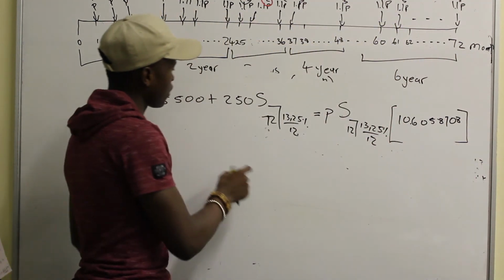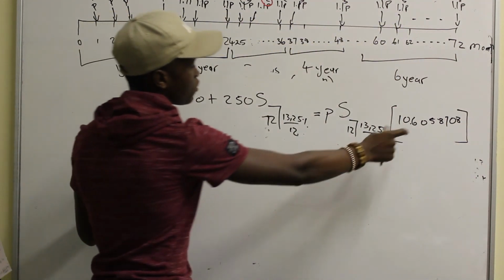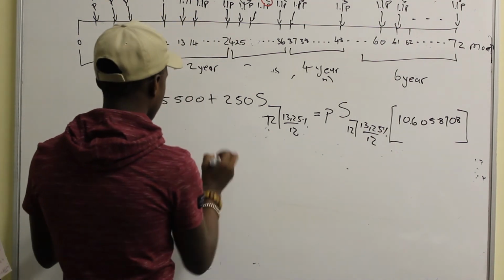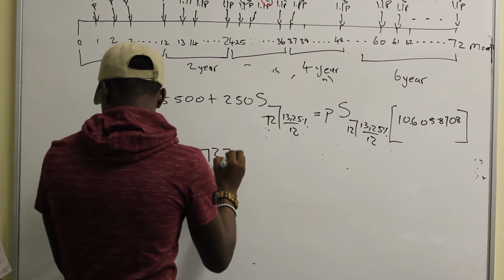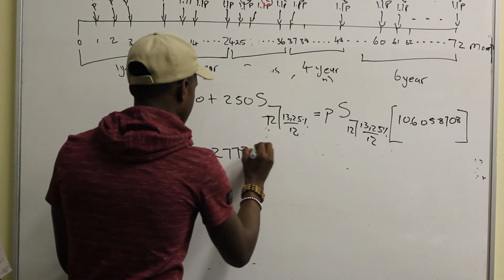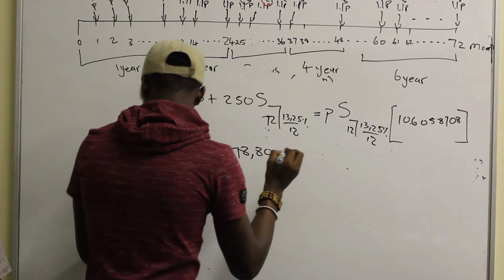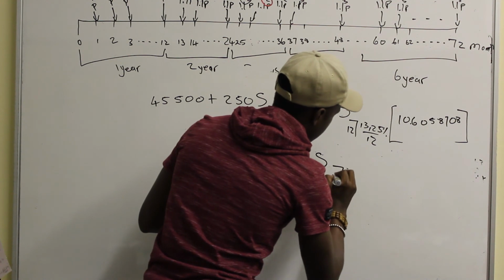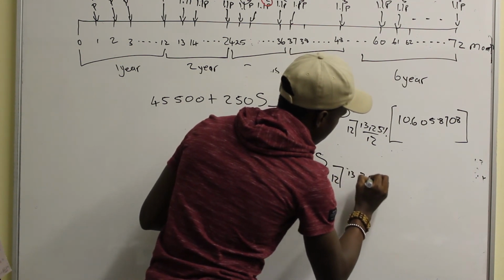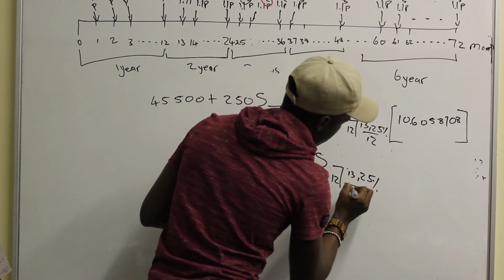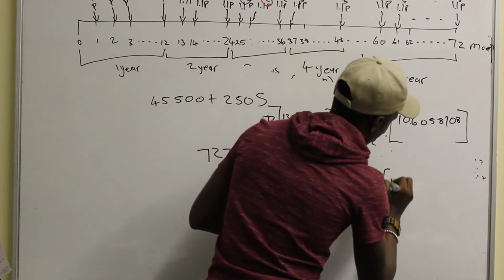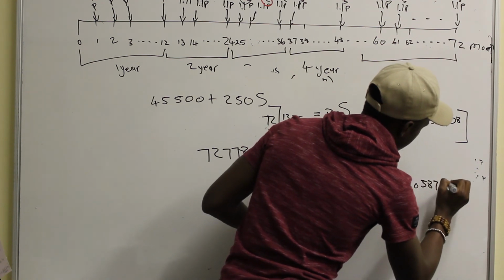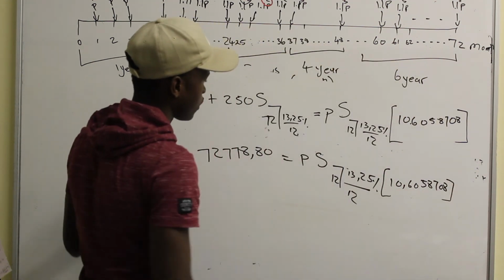Right, and then after that, you add this first, you take that one and divide here. Doing so, add this one, right? It's 72778.80, and then it's P as 12, the percentage divided by 12, times 10.605878, and then we take this one and divide it here.